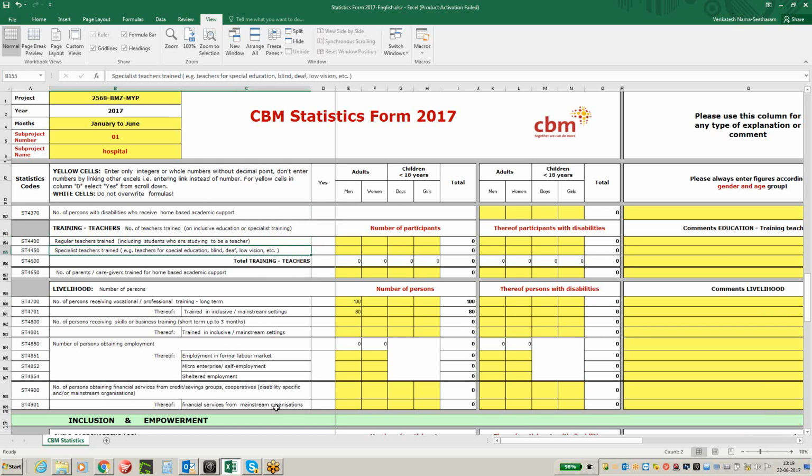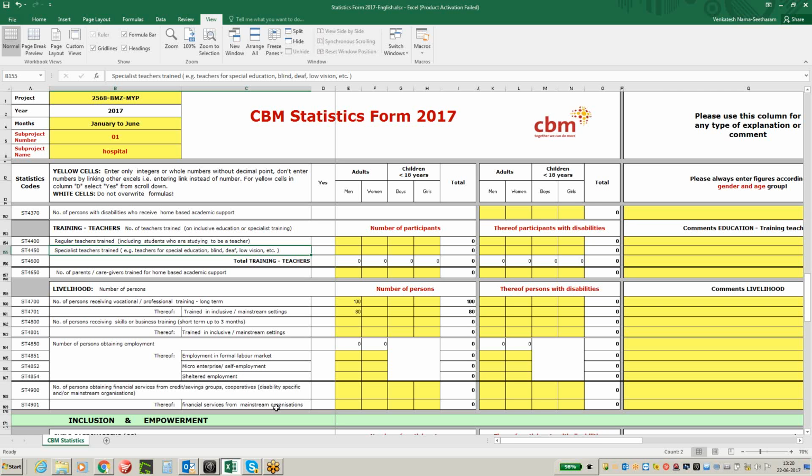There are staff who may be trained on sign languages. Now, should they be included here, or where should those be reported? Partner staff who are trained on sign language, for instance. I think it is specialist teachers trained. It would come under this category for sign language.